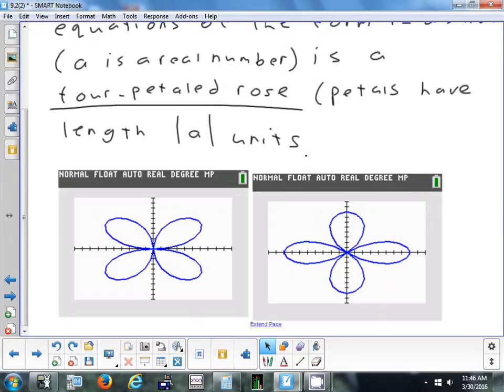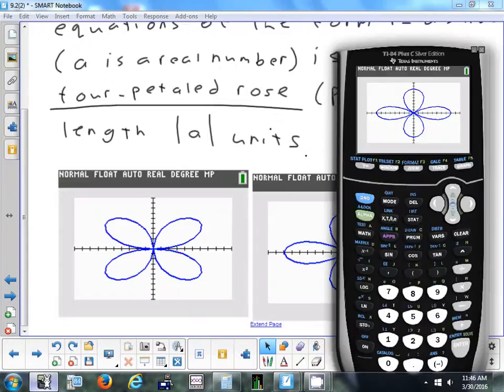So you could do all kinds of things. If you try decimals, you get funky shapes. It just does weird things on the screen. You might get petals that don't complete, things like that.